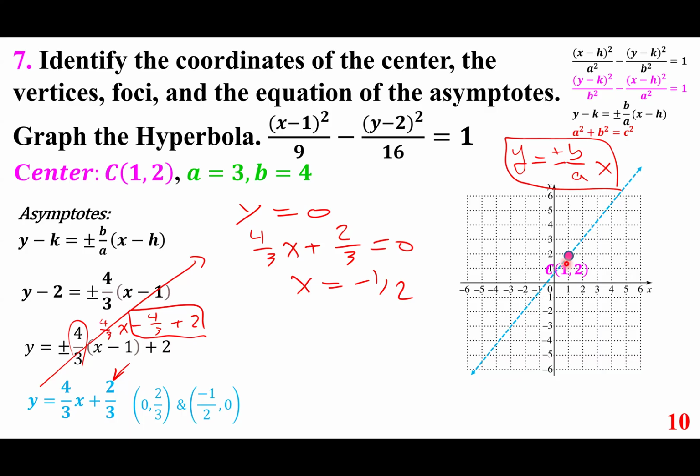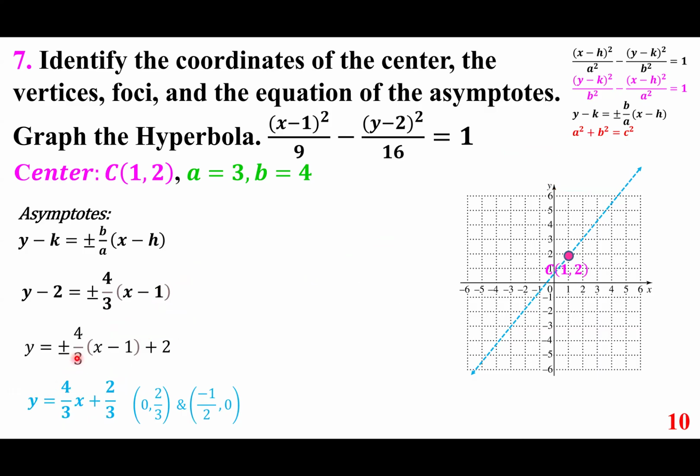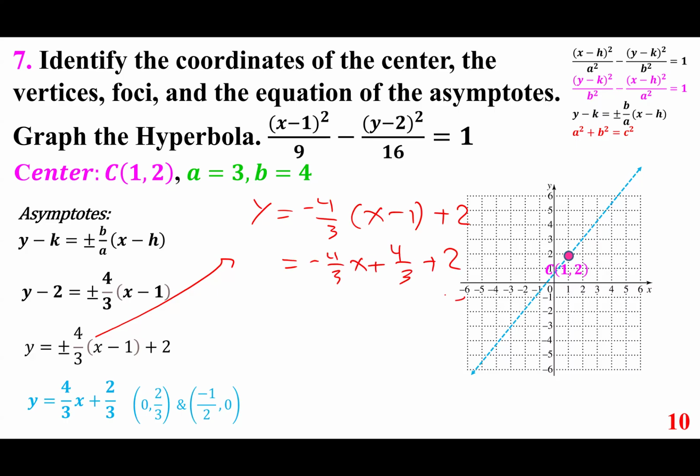As far as the second one, I'm going to rewrite the second one as well by erasing this. Now, the second one, y is minus 4/3 times x minus 1, plus 2, which is minus 4/3 x plus 4/3 plus 2.